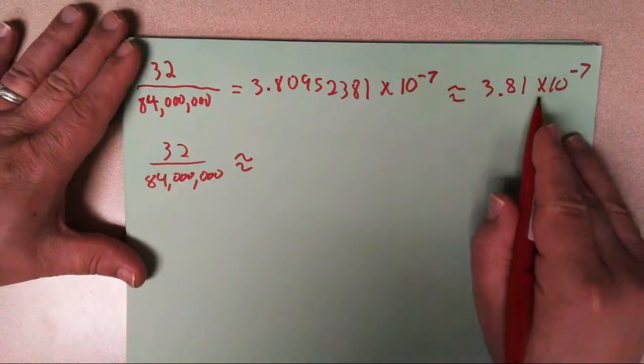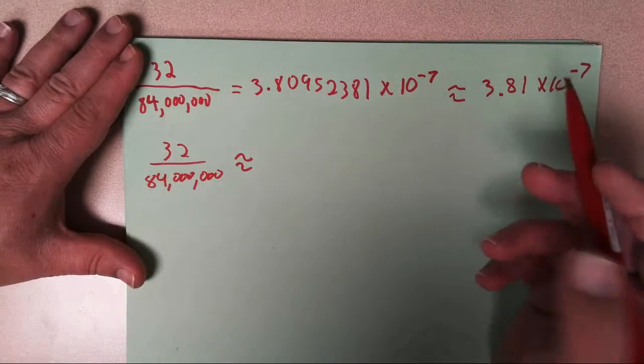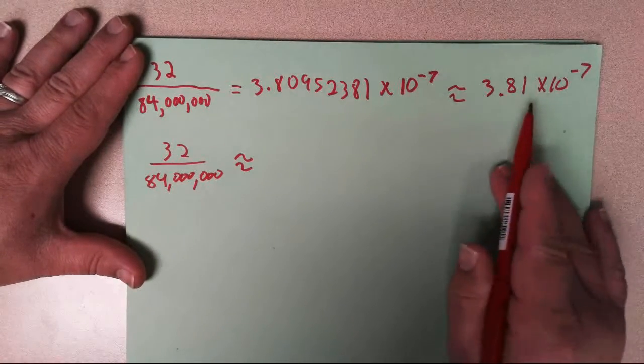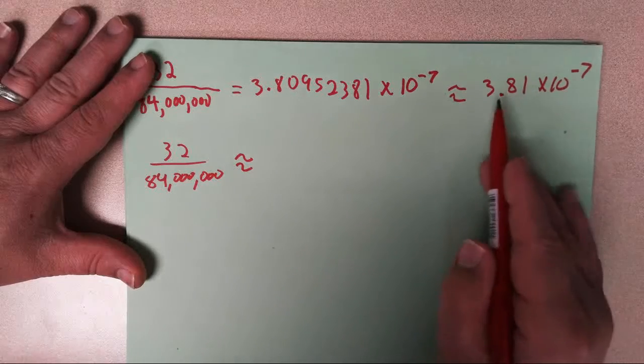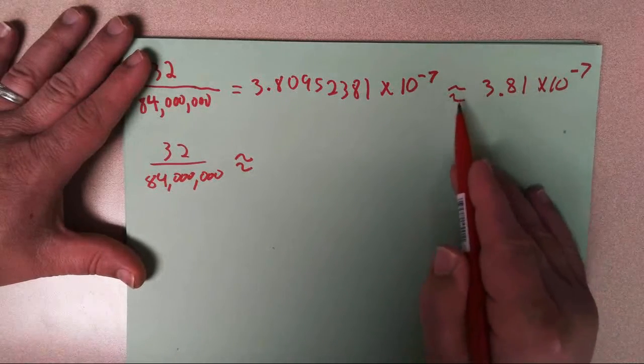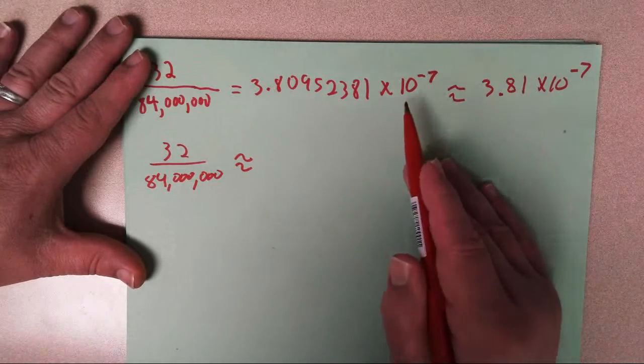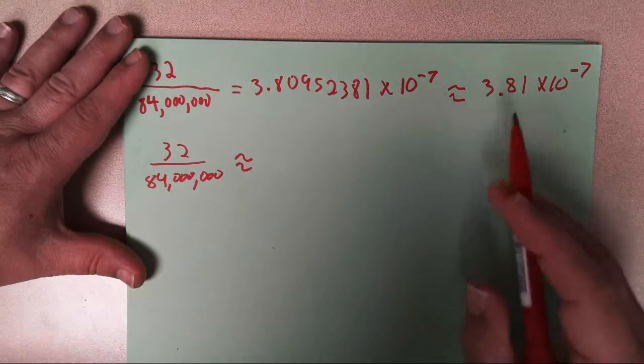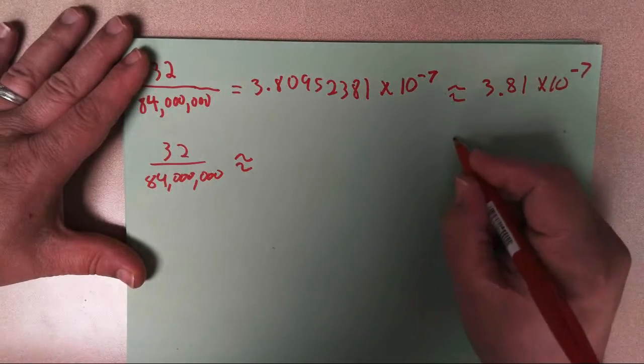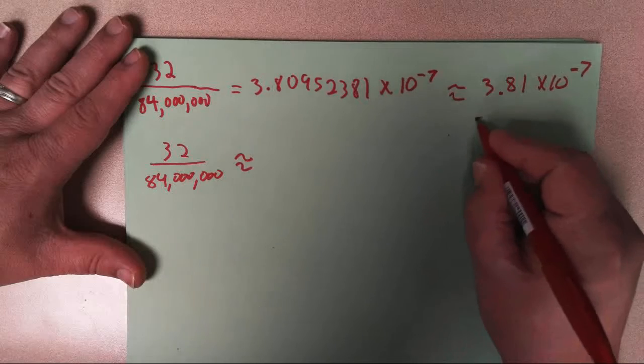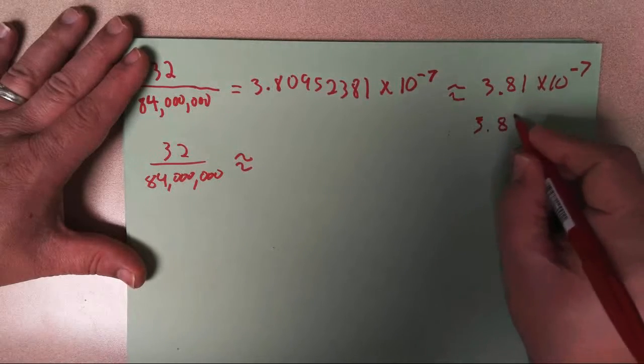So what this means here is that this negative 7 means that this is a really small number. Okay, and so it means that you have to move the decimal point over 7 places. And now to move that over 7 places, I actually have to have some zeros, okay?